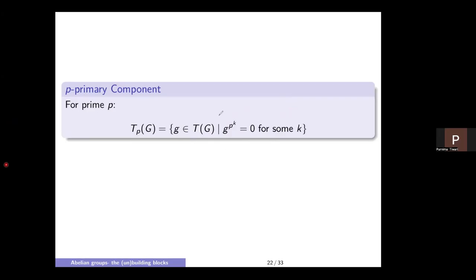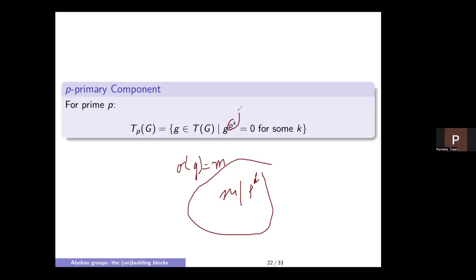We can also say that this doesn't necessarily mean that p to the power k is the order of g. This also means that if the order of g is, say, m, then m divides p to the power k. This is what it means actually. Just saying directly that p to the power k is the order of g would be wrong.